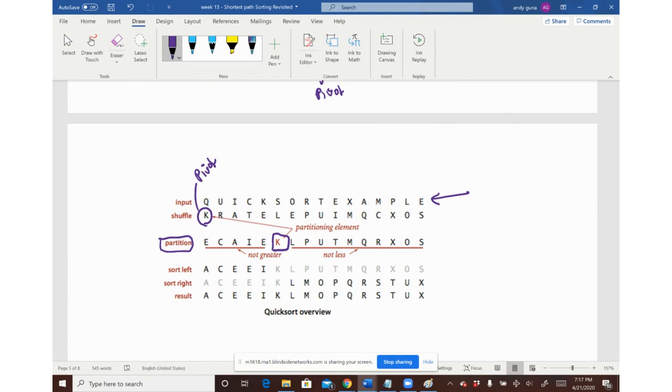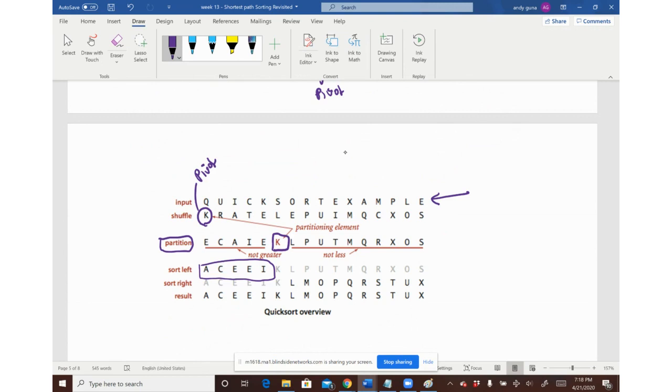And what you get is now two arrays. We essentially recursively apply the same idea to those arrays. We have a left array and a right array that are not sorted, but we can recursively do the same thing.